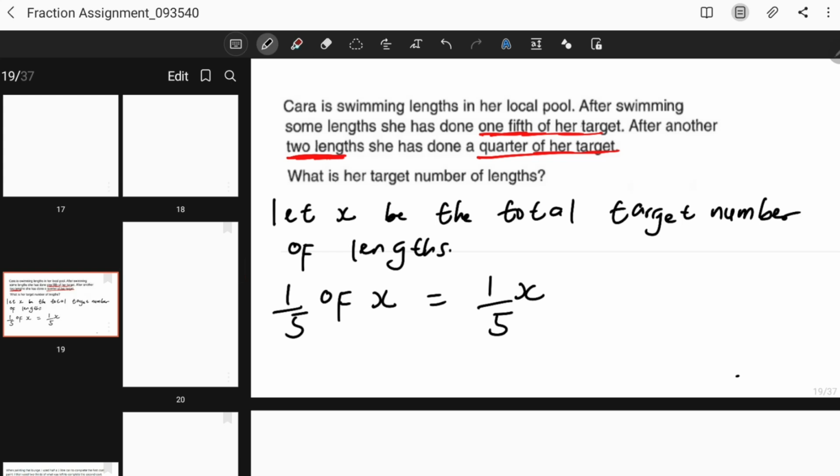Now, after another 2 lengths, she has done a quarter of her target.